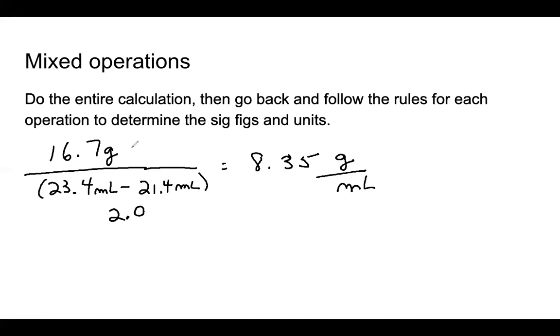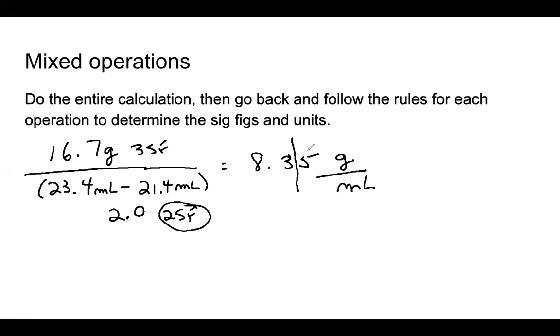So now we have a division. Our numerator has 3 Sig Figs because in division, we have to look at the Sig Figs in each operation. Our denominator that we already figured out, 2.0, has 2 Sig Figs. So our division, 3 and 2, the least Sig Figs is 2 Sig Figs. We have to cut our answer off at 2 Sig Figs.